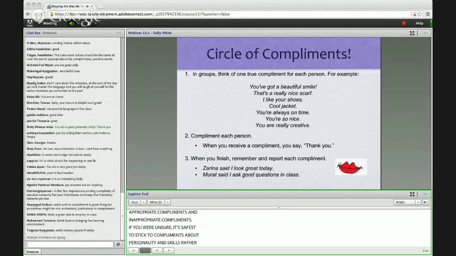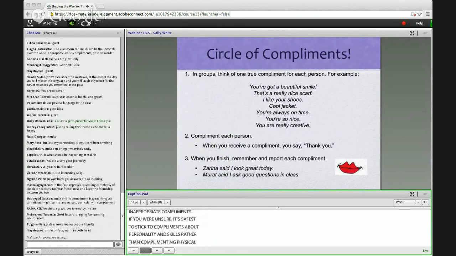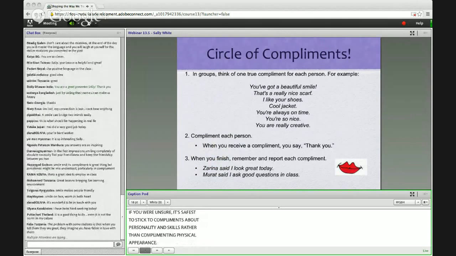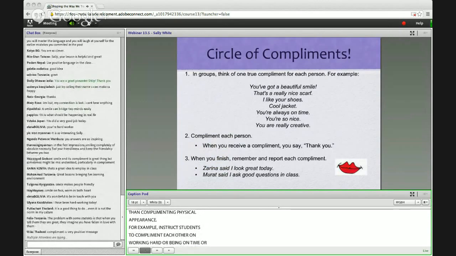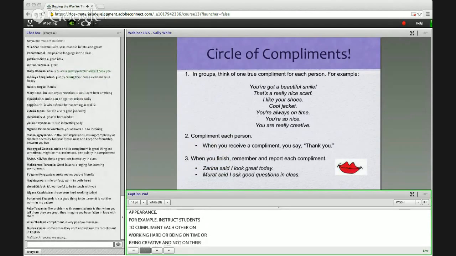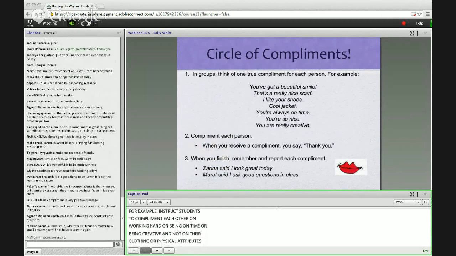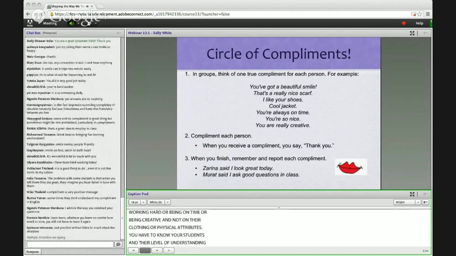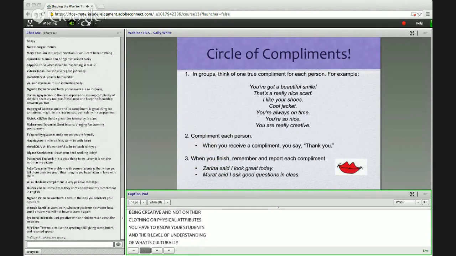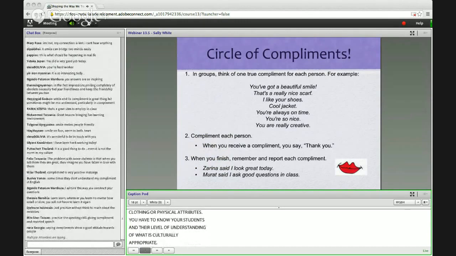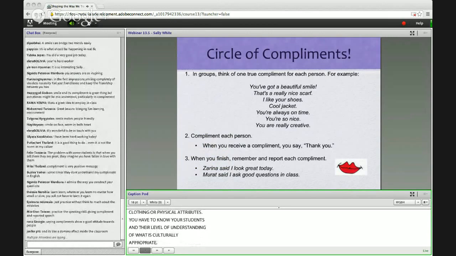For example, instruct students to compliment each other on working hard or being on time or being creative, and not on their clothing or physical attributes. You have to know your students and their level of understanding of what is culturally appropriate. But to be safe, compliment on personality and skills is the way to go.